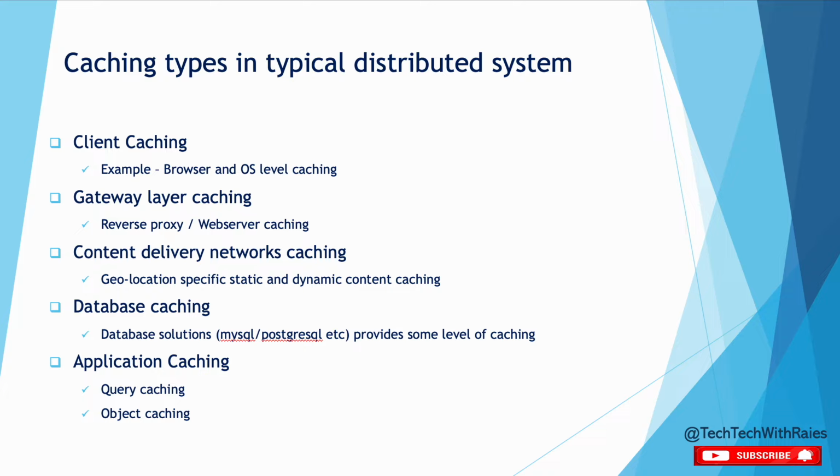Application caching is of two types: query caching and object caching. In query caching, whatever query is made to the database from the application is hashed, the hashed key is saved as the key, and the value is the response received for that query. This is saved in the cache memory, but this technique has a lot of disadvantages.